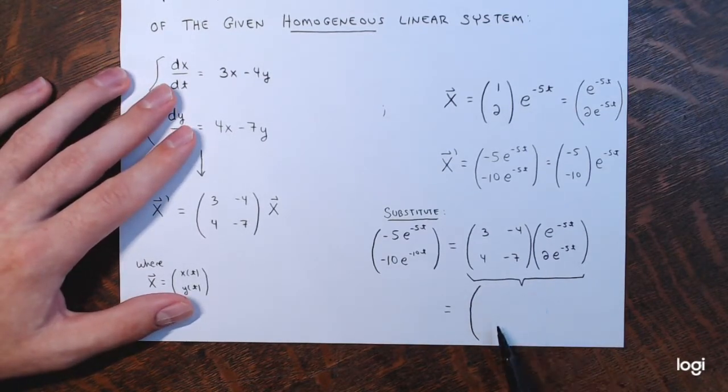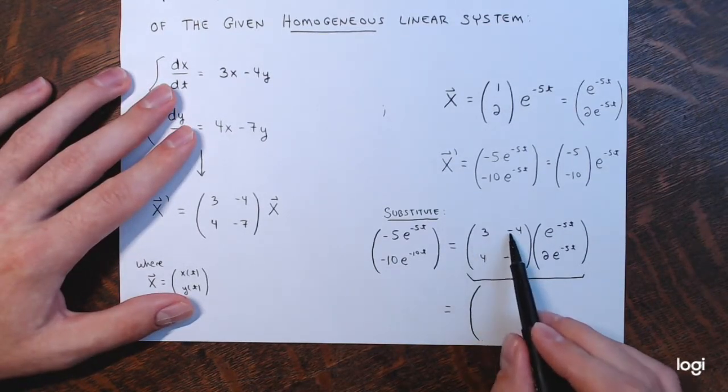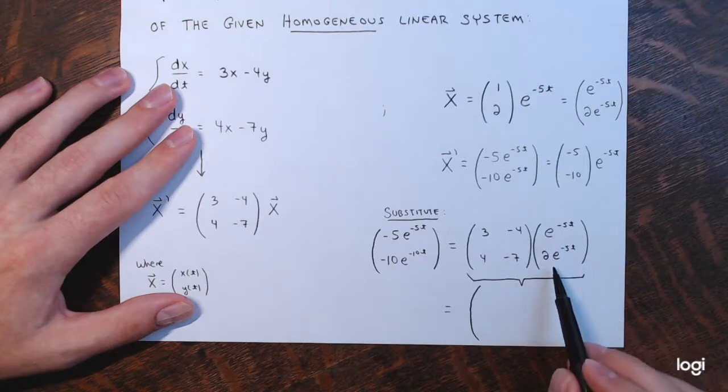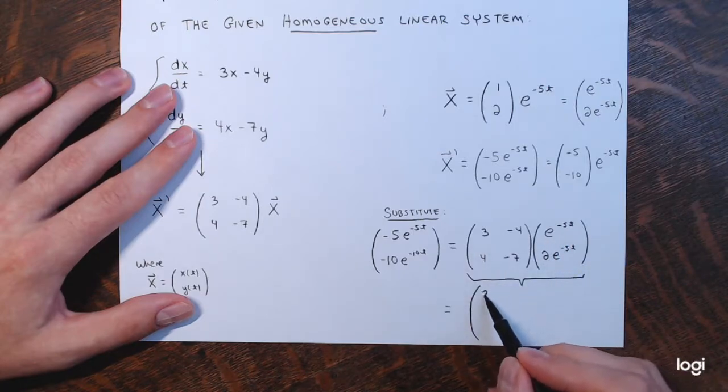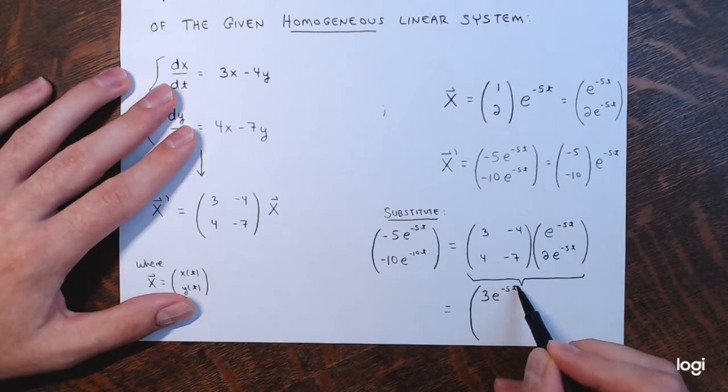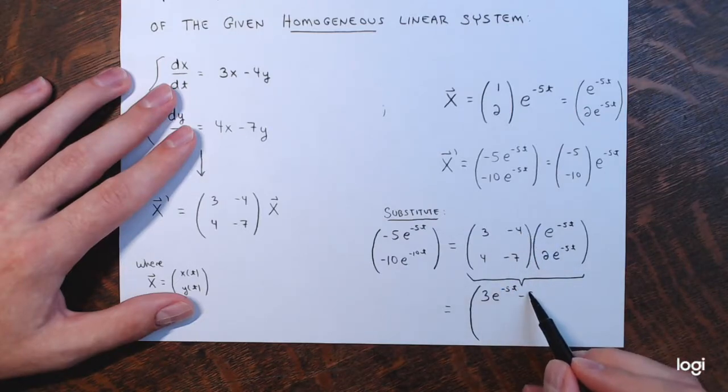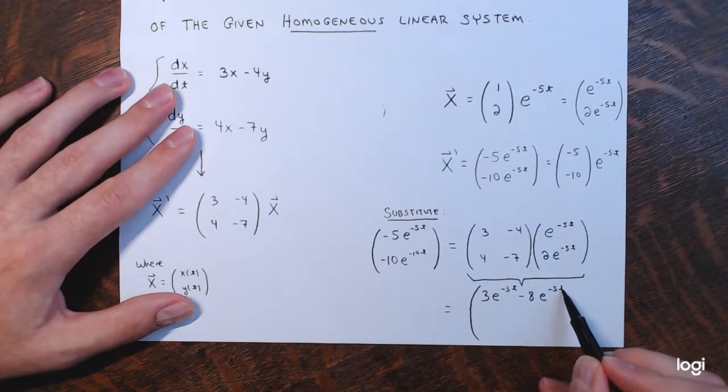In the first row, first column, I'd have the first row of the left dot product with the first column of the right matrix. So this is 3 e to the -5t minus 8 e to the -5t.